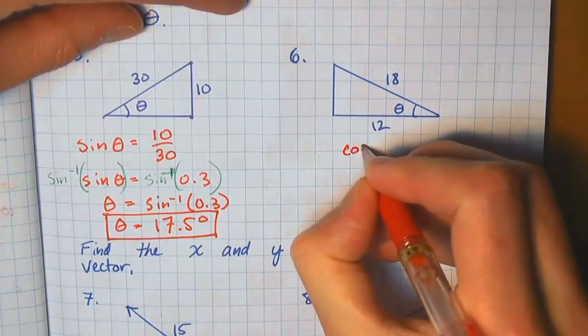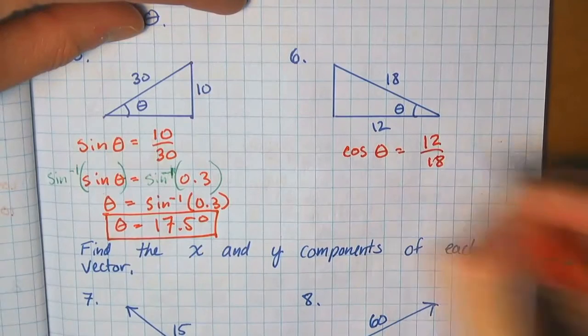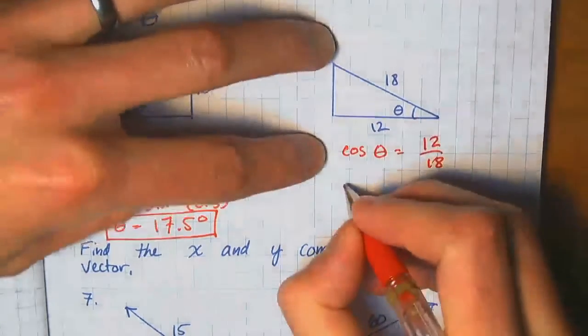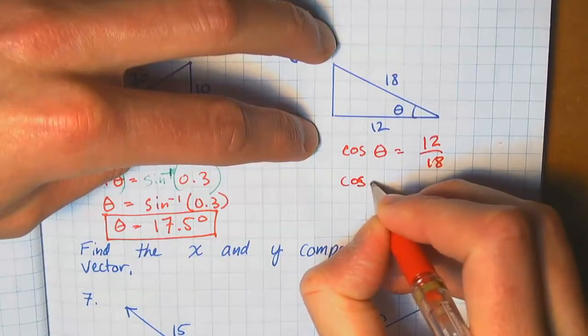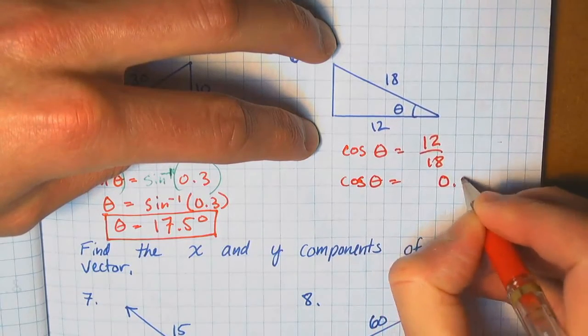So cosine of theta is going to be equal to 12 divided by 18. 12 divided by 18 is 2/3, it's 0.67. So cosine of theta is equal to 0.67.